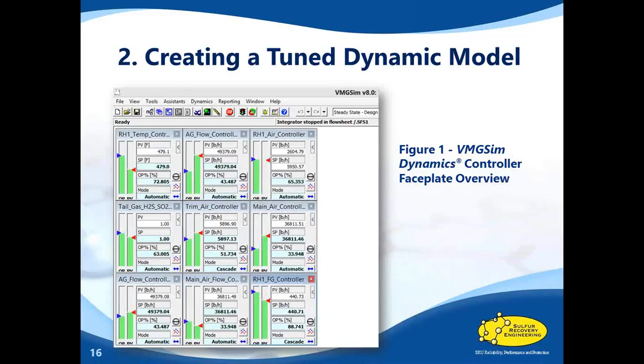These were the tuning parameters used for the model. Again, the tune dynamic model has the ability to have what's called faceplates. This image is just an overview of the controller faceplate option that you have in VMG Sim Dynamics. We really like it because, just as Dharmesh mentioned, it allows familiarity with control board operators.